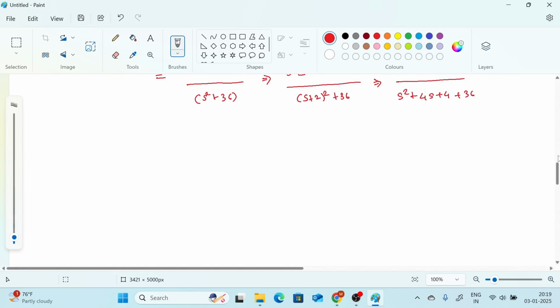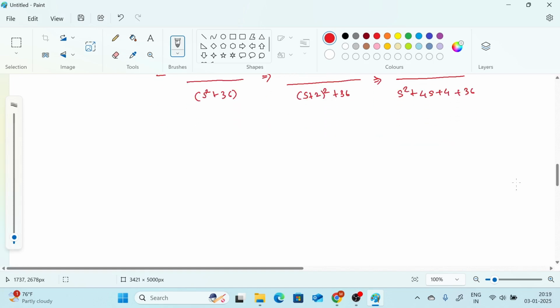What will I get here after further simplification?